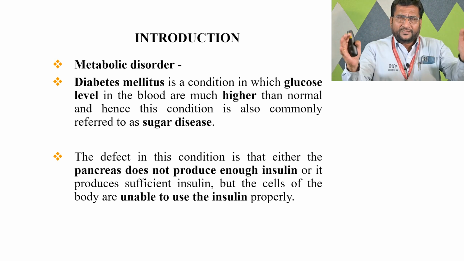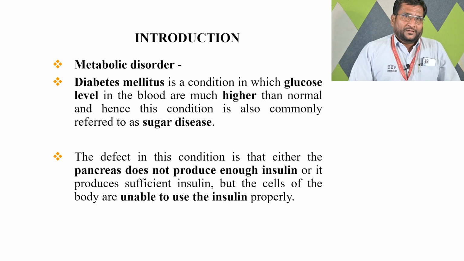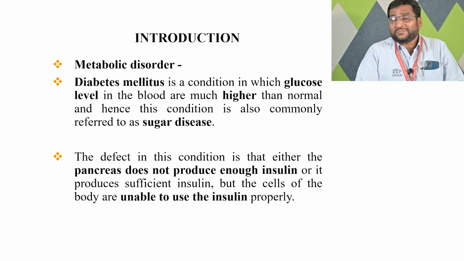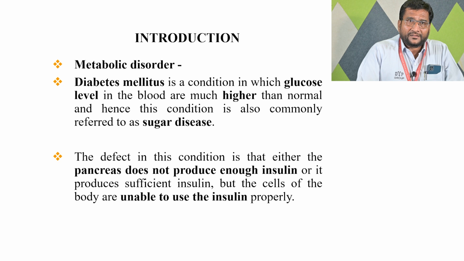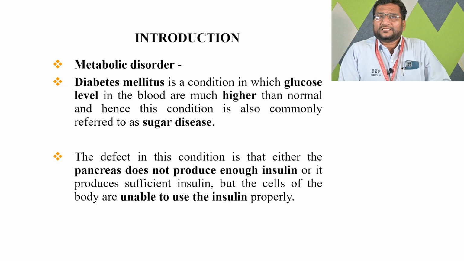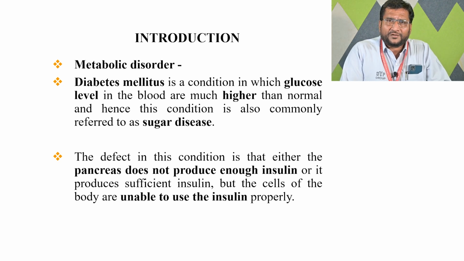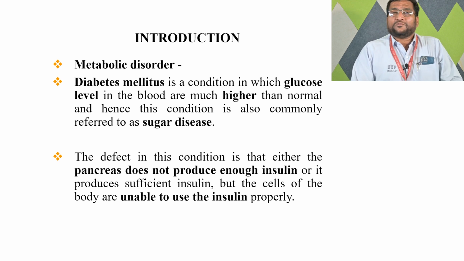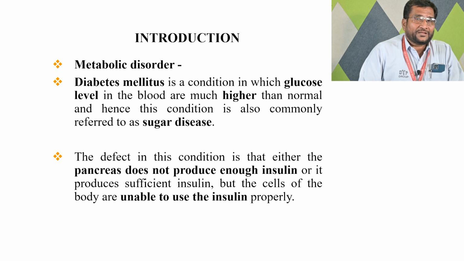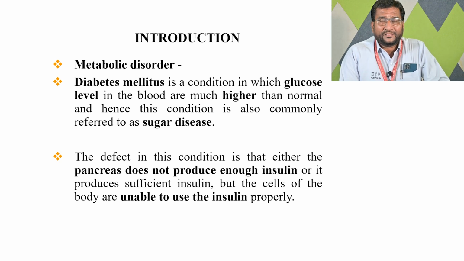This metabolic disorder is mainly related to the pancreas. The defect in this condition is that either the pancreas does not produce enough insulin, or it produces sufficient insulin, but the receptors located on the cells of the body are unable to use insulin properly. That's why there is no proper entry of glucose.